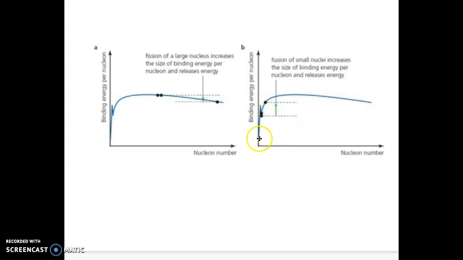So hydrogen's down here, not very stable, becomes helium, that goes up here, and it becomes more stable, it's higher, right? So fusion of small nuclei increases the size of binding energy per nucleon and releases energy. Both of these graphs involve a move towards a more stable area and a release of energy.